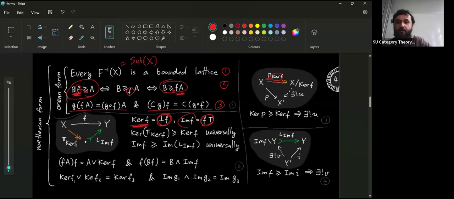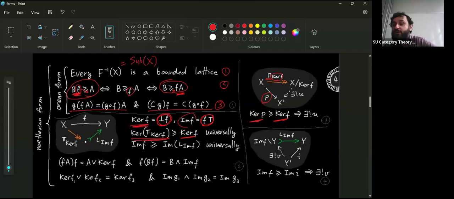I just want a morphism pi such that the kernel of that pi is bigger than the kernel of the original thing. And then if I have another p whose kernel is also bigger than that thing, then there must be a unique morphism U. It's just the universal property of the quotient of a group by a normal subgroup.